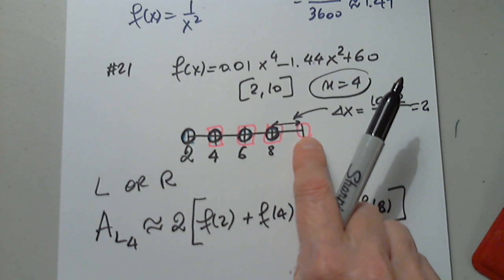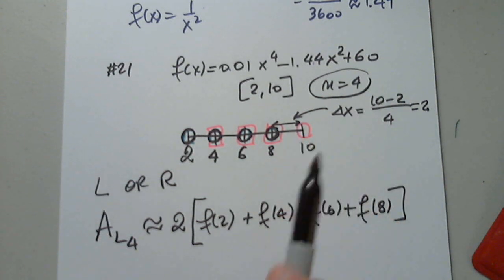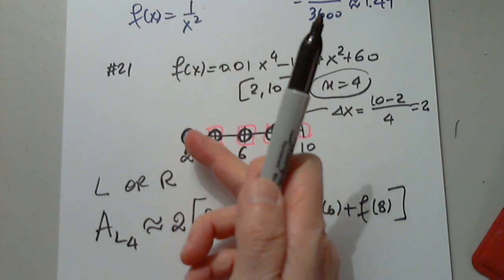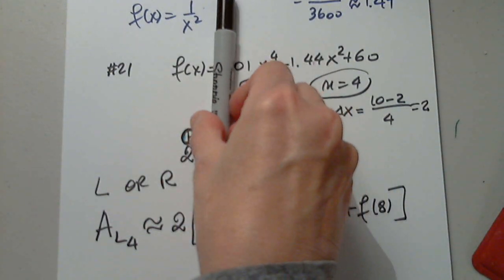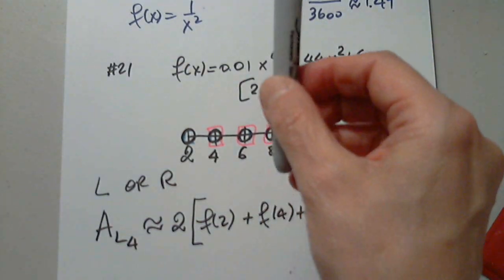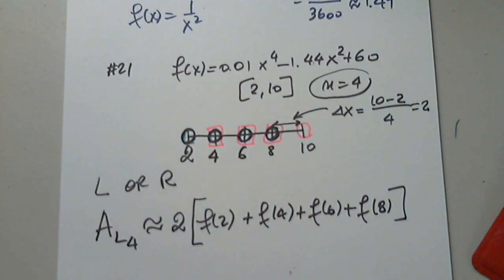If you go to 10, there will be a mistake. 1, 2, 3, 4. Height at 2 times the base, plus height at 4 times the base, plus height at 6 times the base, plus height at 8 times the base. Exactly 4. Now, in the function, I have to plug in 2, 4, 6, and 8. Determine these numbers, and then multiply by 2.